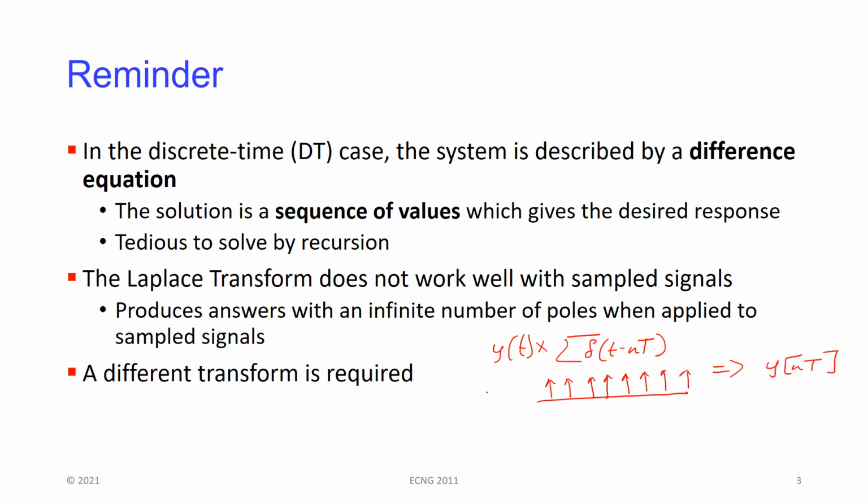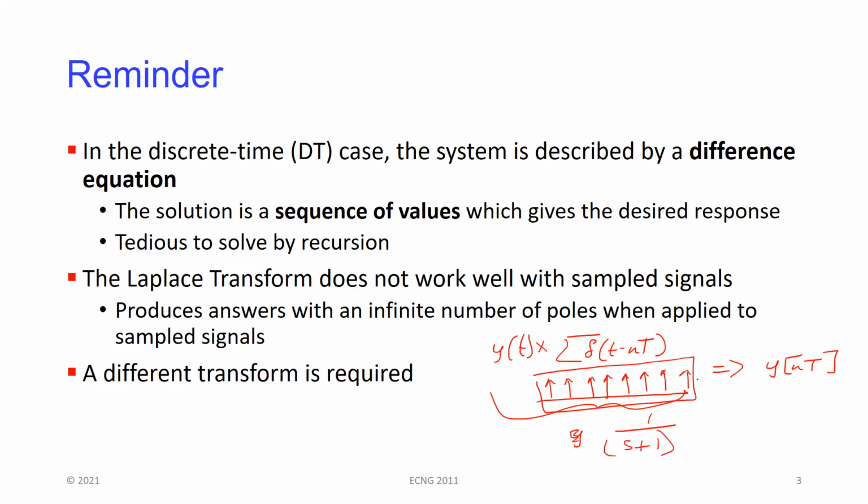Unfortunately, if you apply the Laplace transform to this, this infinite sampling sequence creates a series of infinite poles. So instead of getting a nice clean transform, let's say you were expecting something like 1 over s plus 1.